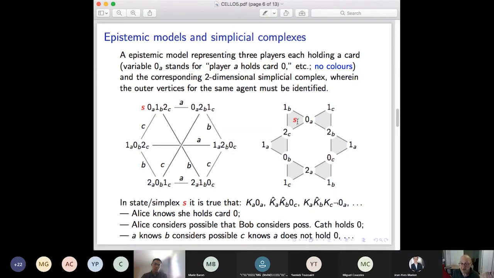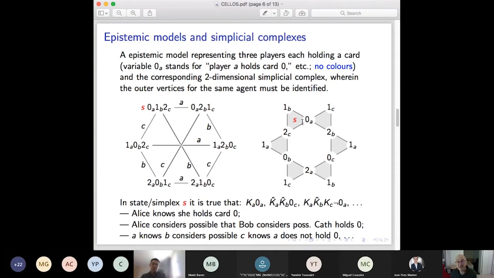In this triangle, we separate out the agents, so to speak: what agent B knows, namely that he holds card 1, what agent A knows, namely that she holds card 0, and what agent C knows, that she holds card 2.